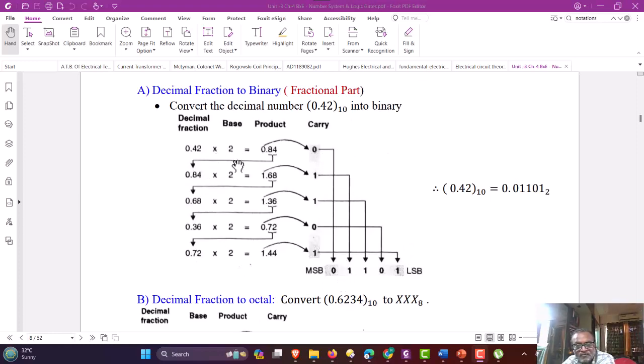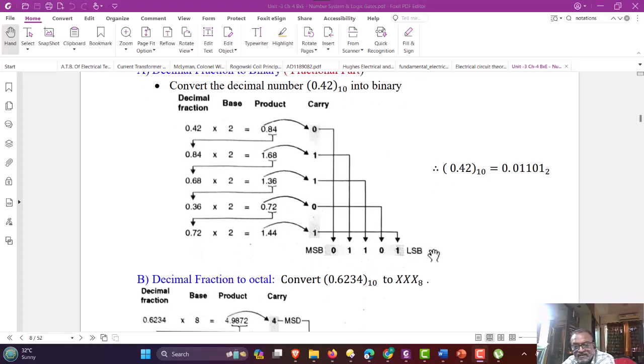Here the process is shown in 5 steps, but a 6th step is also possible: 0.44 times 2 again. Then whatever the remainder, you can go on multiplying by 2. But ultimately the last carry will always be the LSB, and LSB values are the least significant, and therefore the rightmost value after the decimal point is ignored and truncated to the significant digits only.